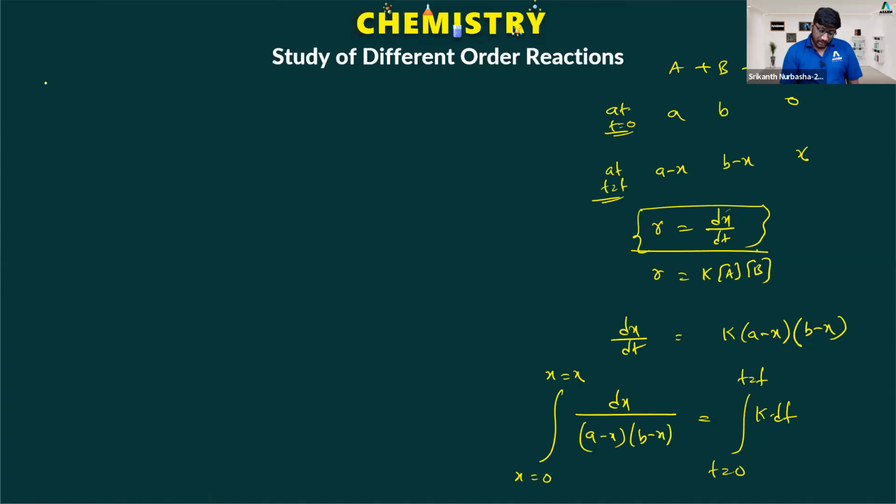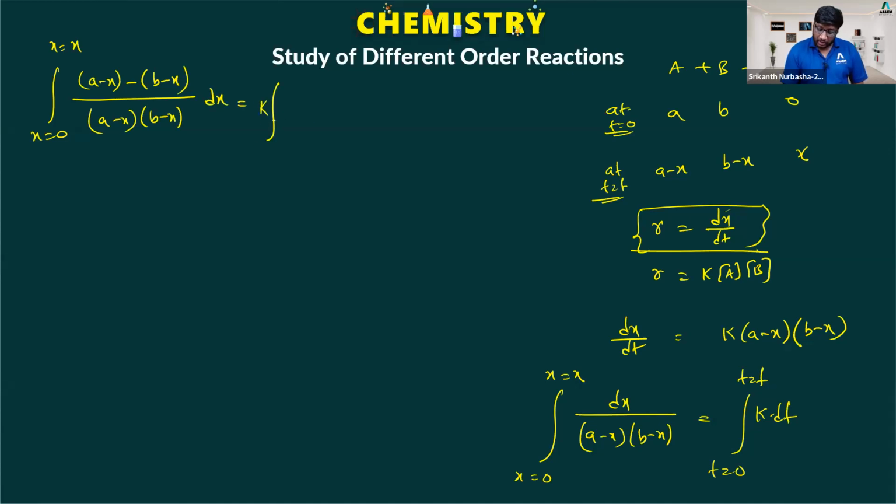So you can write this as integral of x is equal to 0 to x is equal to x, (a minus x minus b minus x) divided by (a minus x)(b minus x) dx, which equals k, taking it outside, integral time t equal to 0 to time t equal to t, dt.